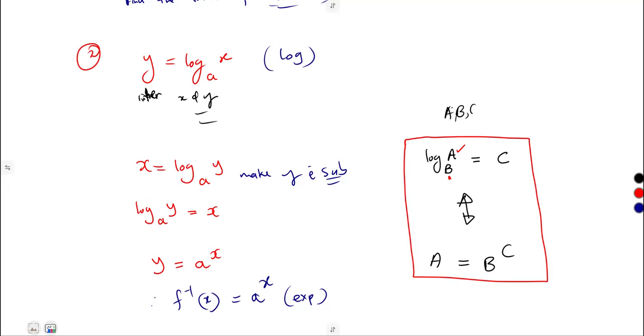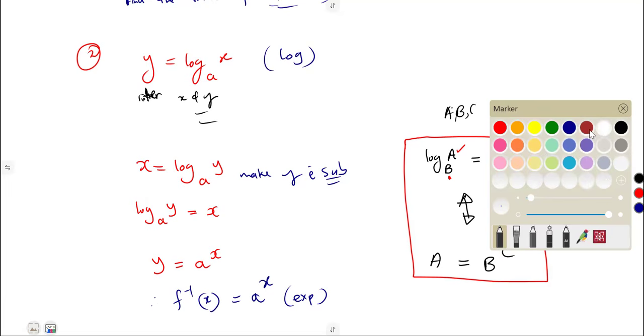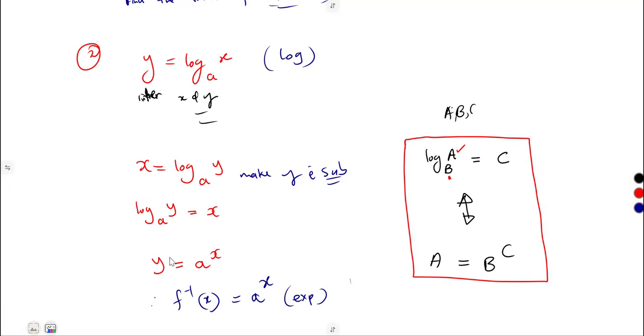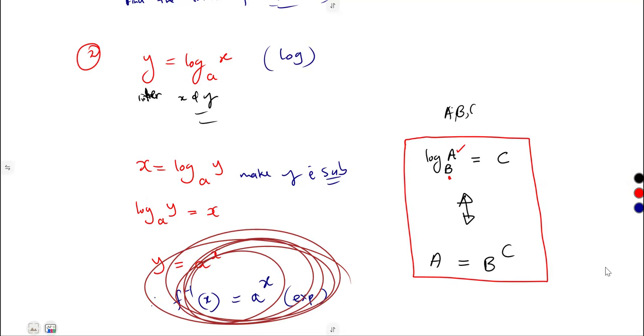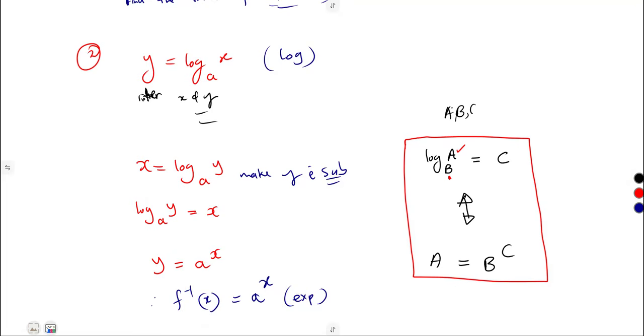But a log is giving us something else, exponential. That's a vice versa also. The inverse of an exponential function will give us what? A logarithmic function. If you understand this, you're done. So we are going to look into another question, which is changing an exponential to a logarithmic.